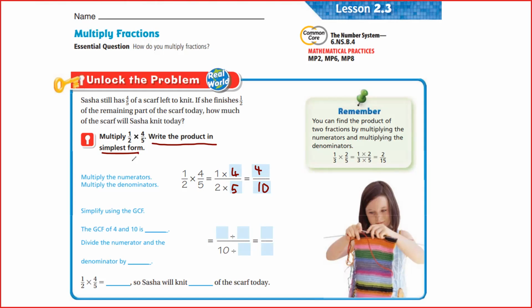Either you can choose a number from your mind if you know how. If you don't know, find the greatest common factor of 4 and 10, and we found before that it is 2. So divide both the numerator and the denominator of 4 over 10 by 2 to get the answer as 2 over 5. So that means Sasha will knit 2 over 5 of the scarf today and 2 over 5 of the scarf tomorrow.